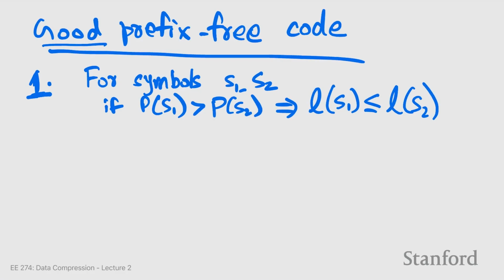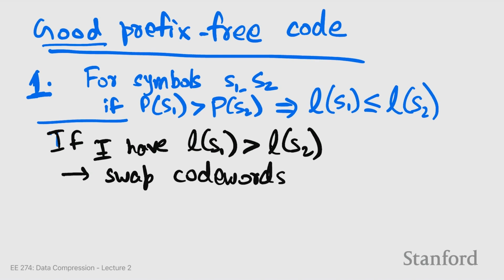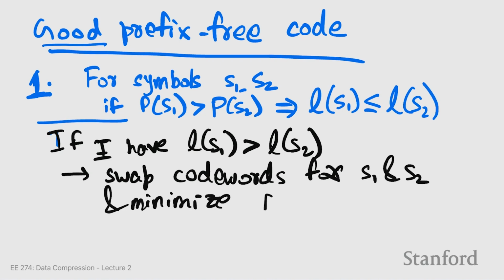If I had a code where length of S1 was greater than length of S2, can I create another code which is strictly better than my code? So if I have L(S1) greater than L(S2), what I can do is swap code words for S1 and S2 and minimize the expected code length.